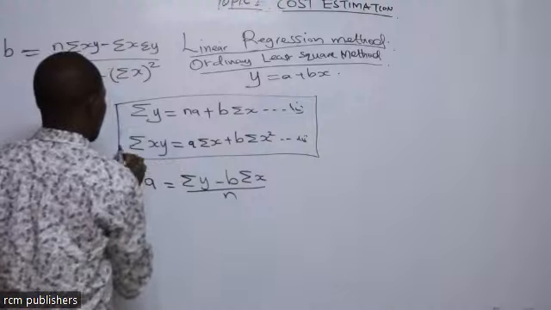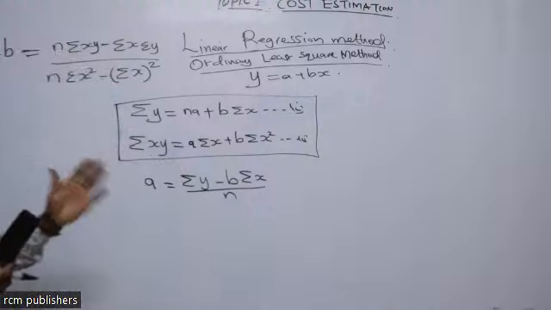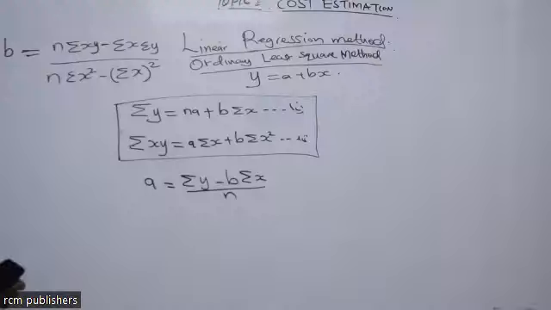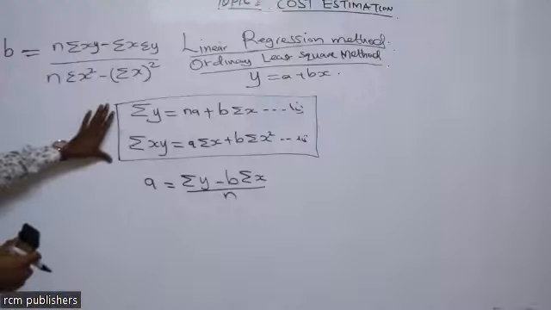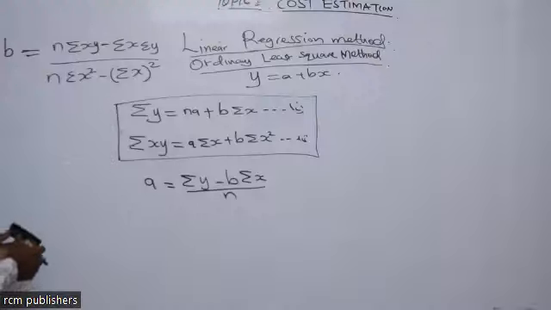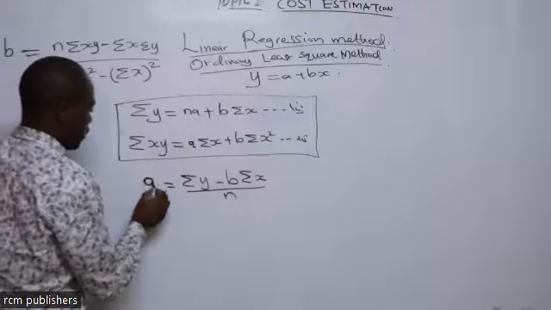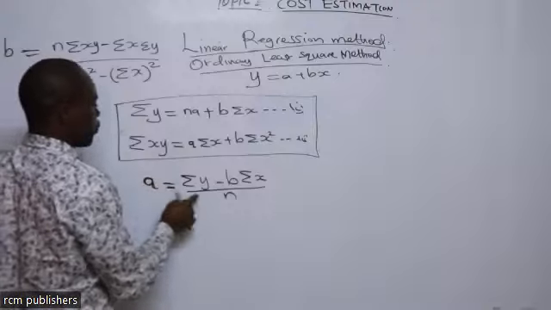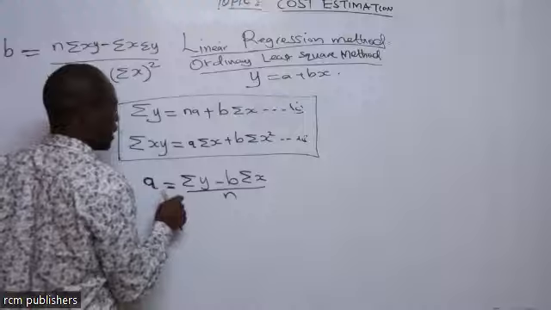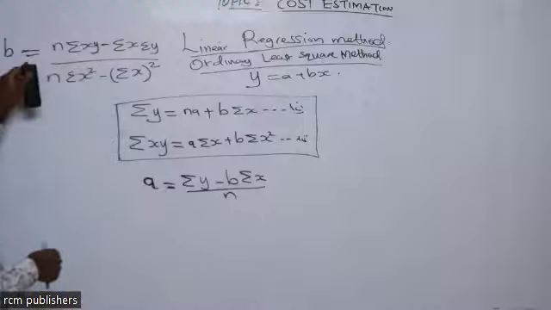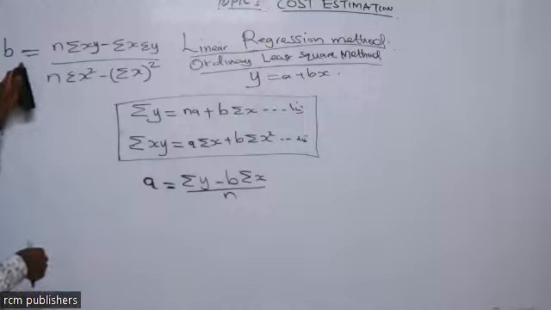If these two are well taken care of, that's good. Then if you are conversant with this, just have this one here in place, because once you know this, you'll be able to get A directly. Once you know this, you'll be able to get B directly.